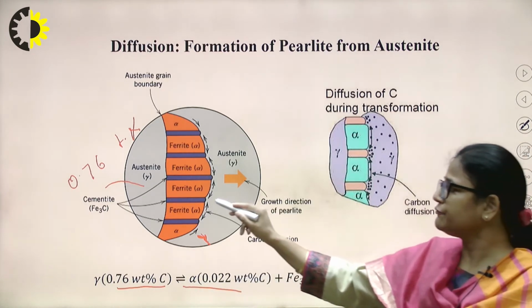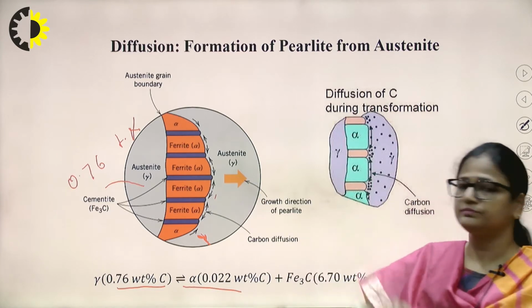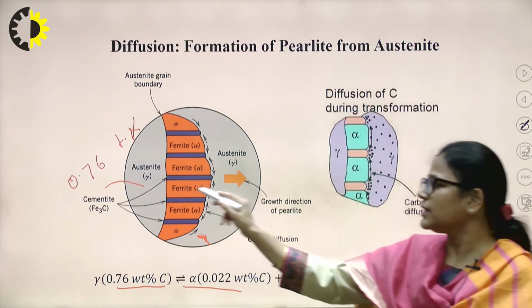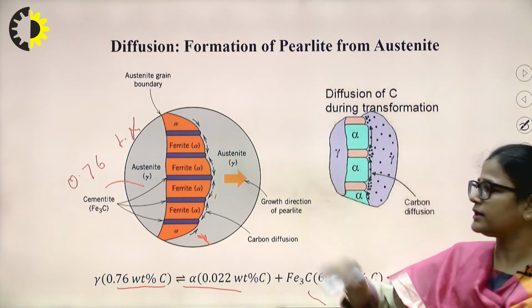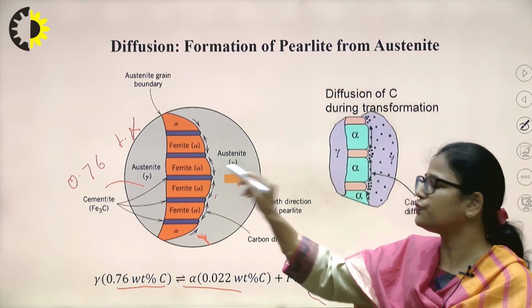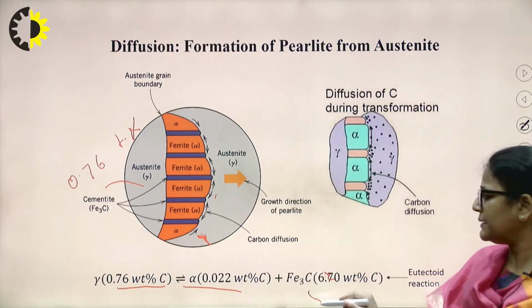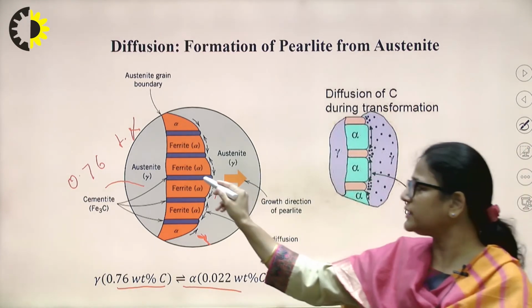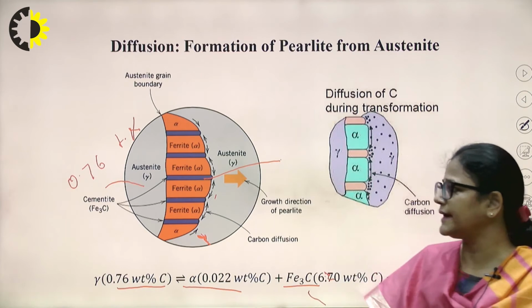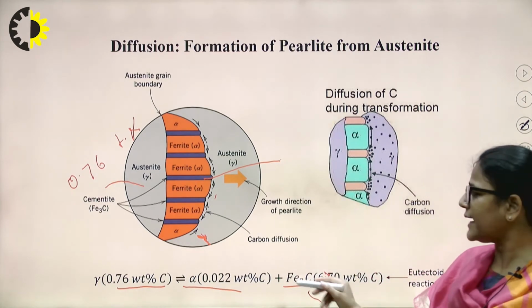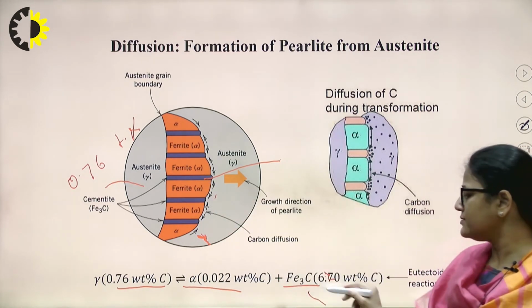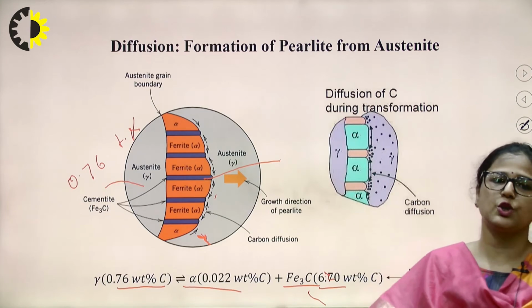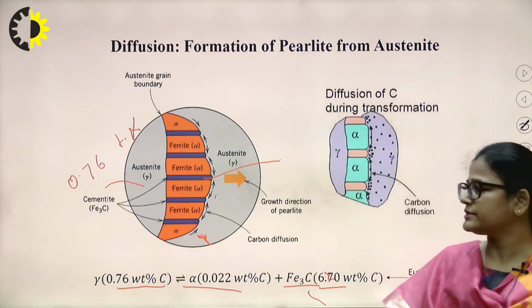So carbon diffuses from this region of austenite. When the ferrite is forming from the austenite, the carbon diffuses from this region to form the cementite, and cementite Fe3C is shown by the blue color. This is the cementite. So cementite forms, and cementite has a carbon concentration of 6.7 weight percent.